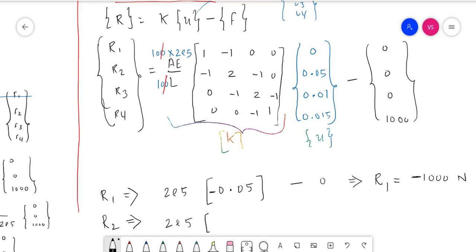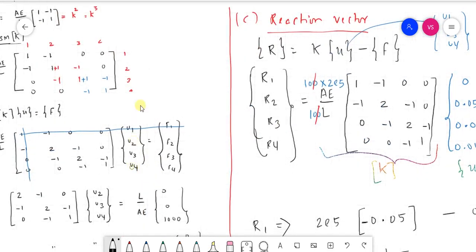Inside, minus 1 times 0 is 0. 2 times 0.005 is 0.01. I think I made a mistake here.